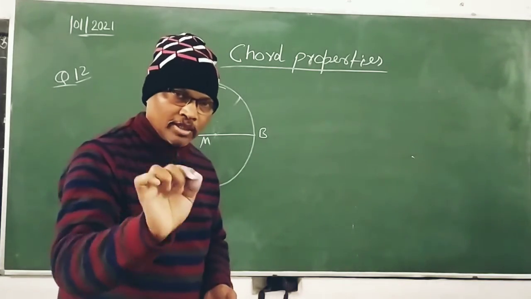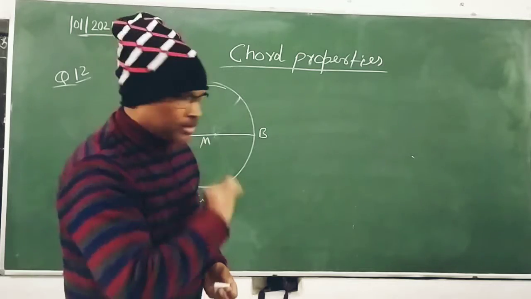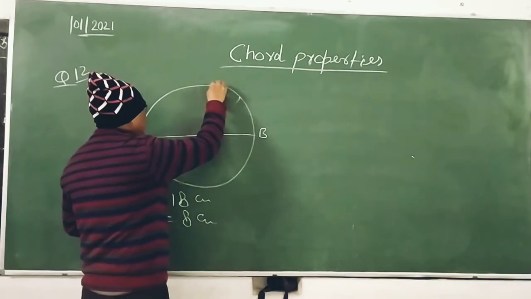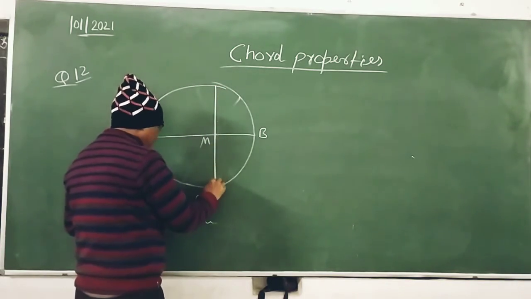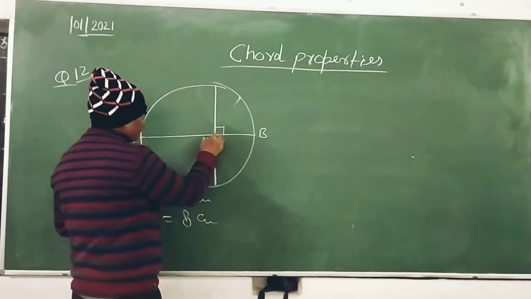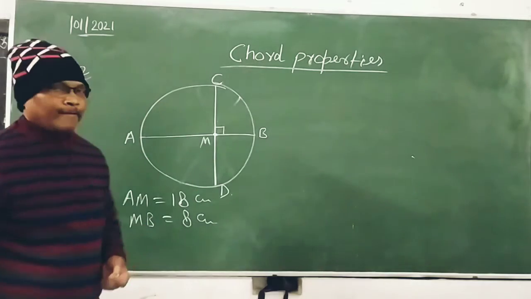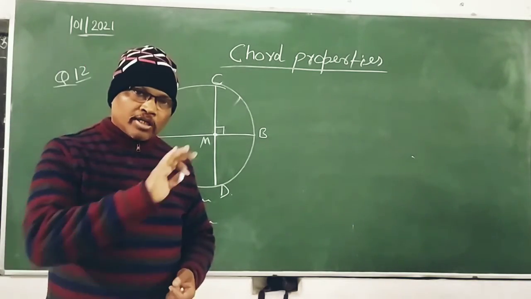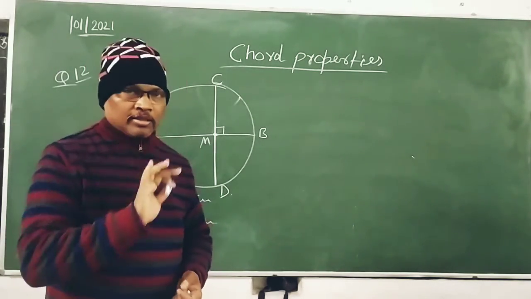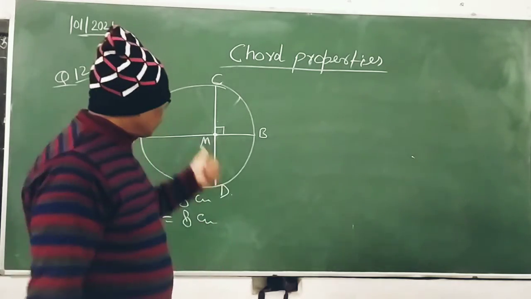Perpendicular जो distance होती है that is considered as the shortest. तो ये हम perpendicular M से जा रहे हैं. This is the perpendicular. This chord CD is the shortest. और कोई भी shortest को ही नहीं सकते. Not possible in this question.